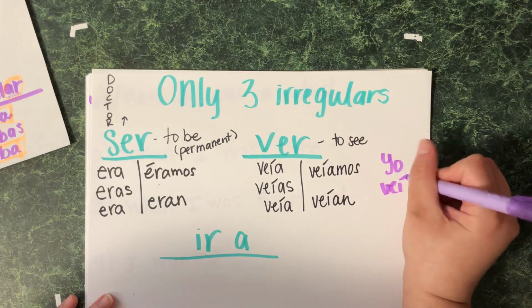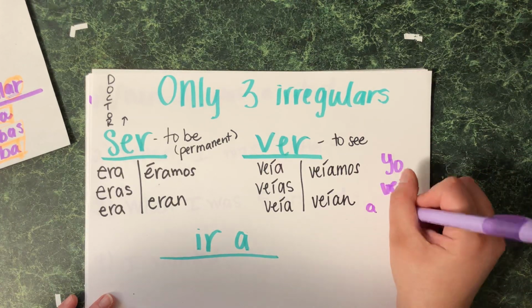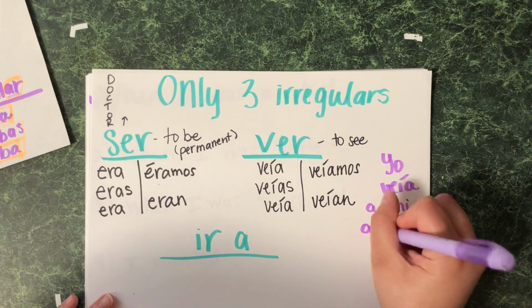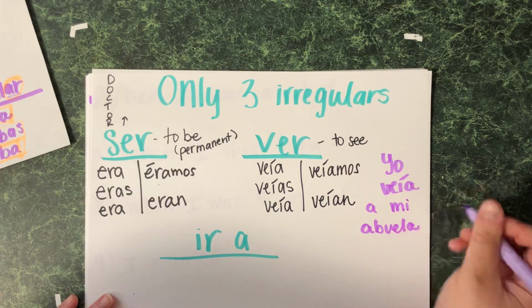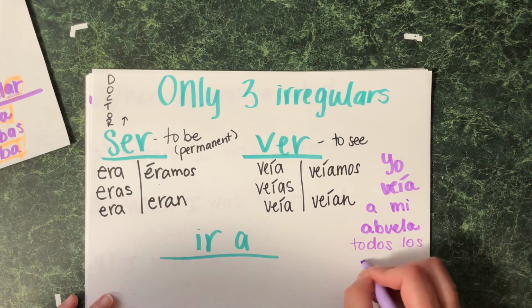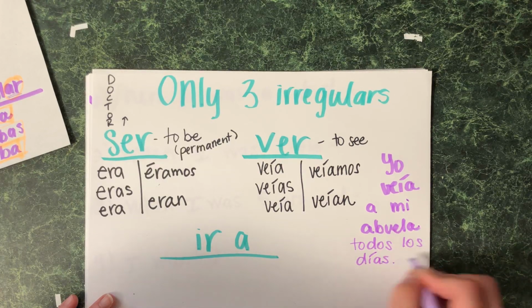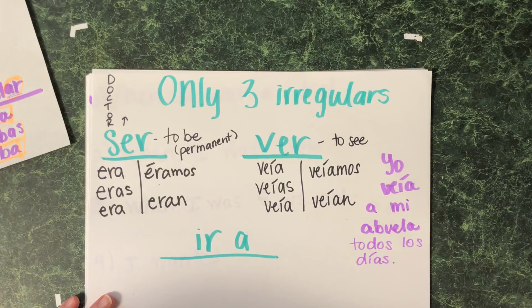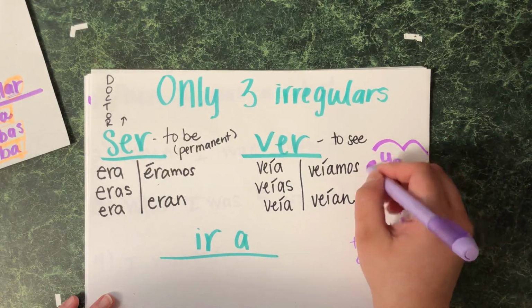Yo veía a mi abuela todos los días. Accent over días. Okay. This is one example.